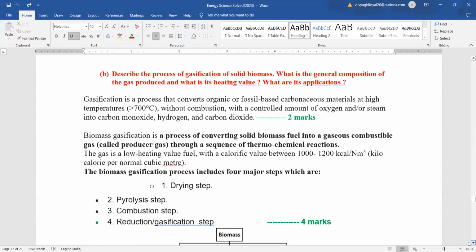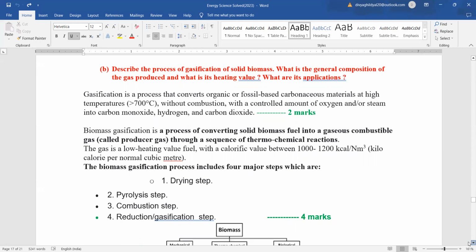Describe the process of gasification of solid biomass. What is the general composition of the gas produced and what is the heating value? So 2 marks you will get for the gasification explanation. Biomass gasification is a process of converting solid biomass fuel into gaseous combustible gas through a sequence of thermochemical reactions.